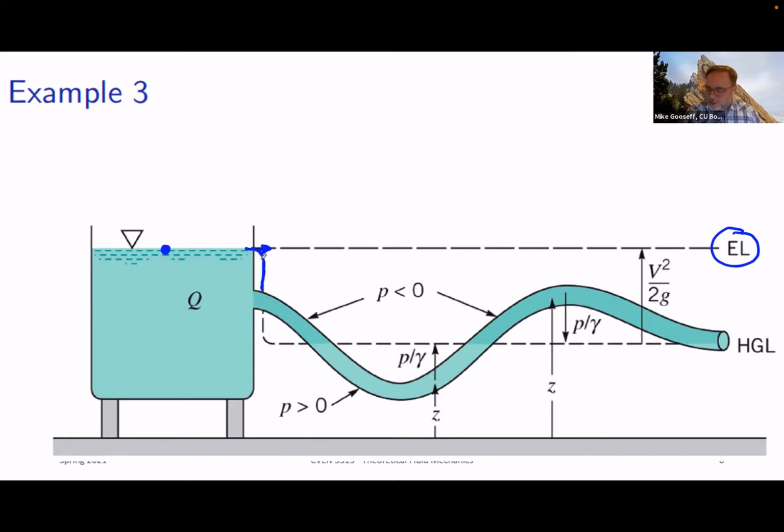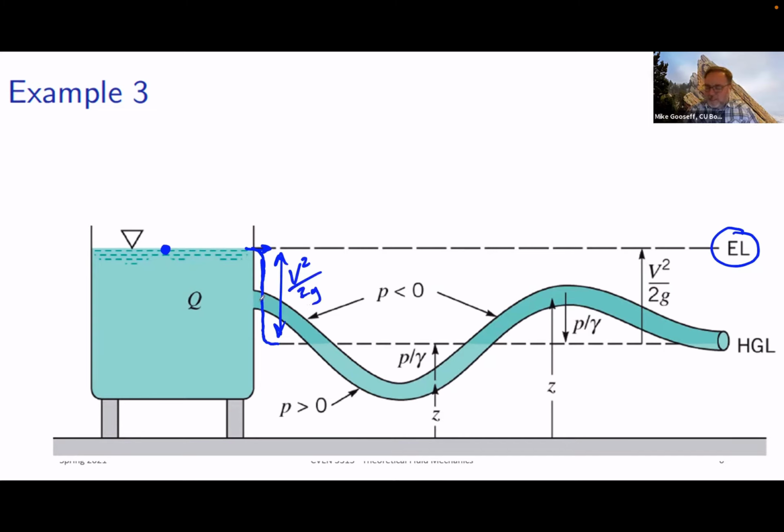That transition is occurring due to entrance effects. Within a couple of centimeters or inches, you basically transition to the flow becoming more consistent, getting away from the edge effects of getting out of the reservoir and into this pipe. And so, as shown over on the right, this is our velocity head, V squared over 2g. And then you've also got this weird thing where our Z is constantly changing.